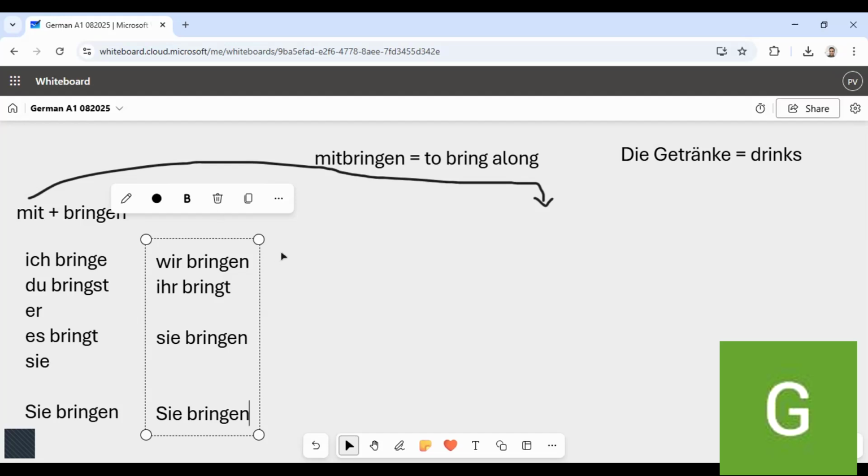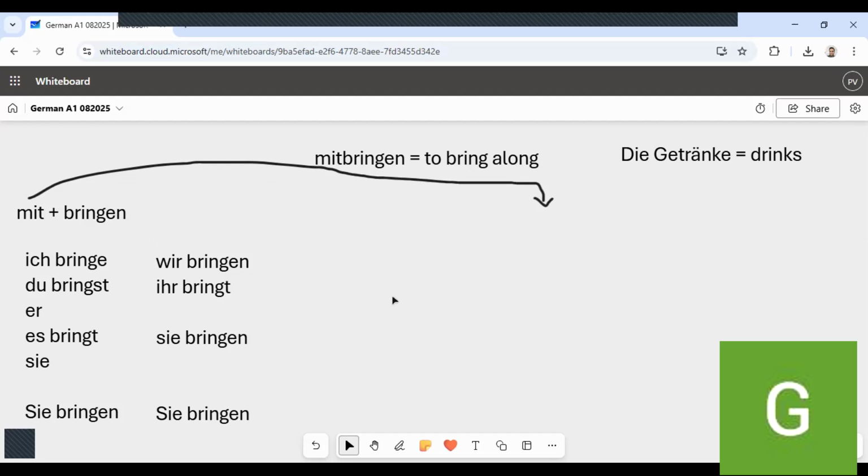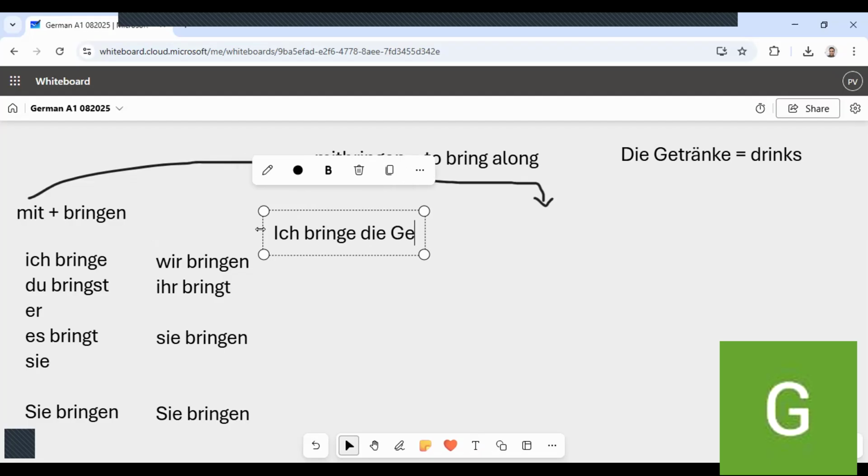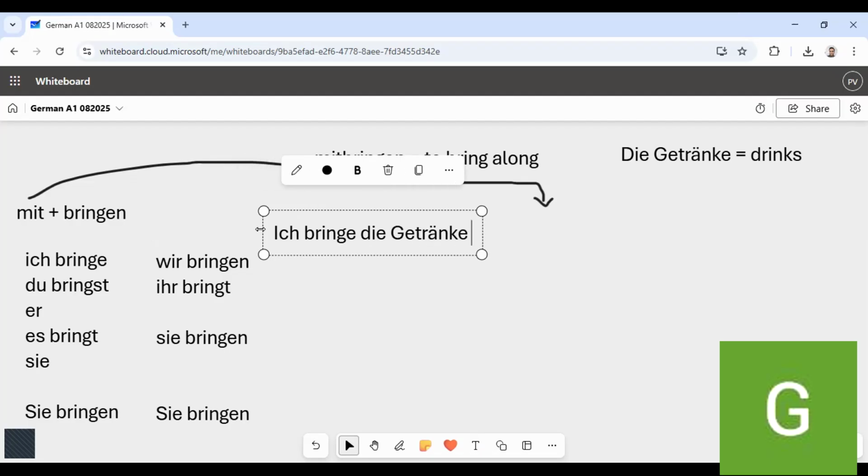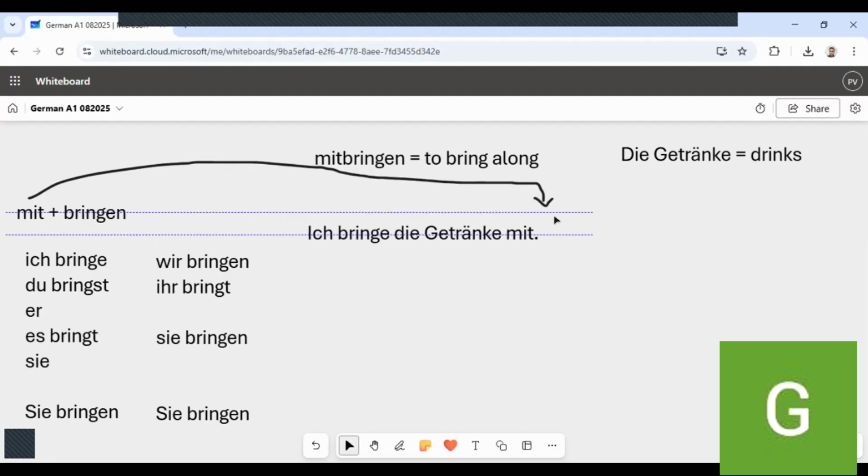So how will the sentence be? Suppose I want to say I will bring the drinks along. I will make a sentence like this: Ich bringe die Getränke mit. Last, finish. Okay, nothing else you need to say.